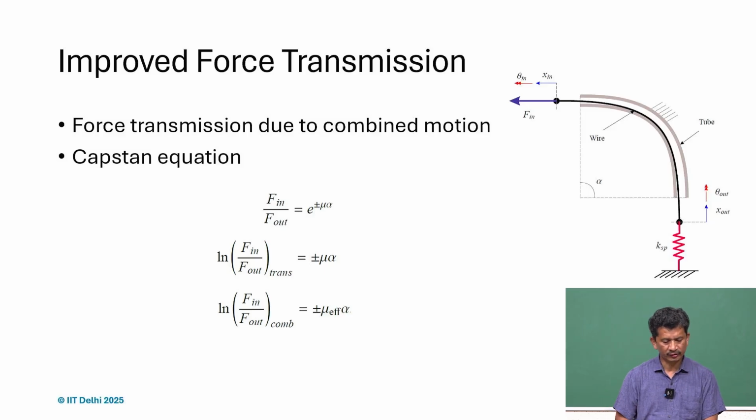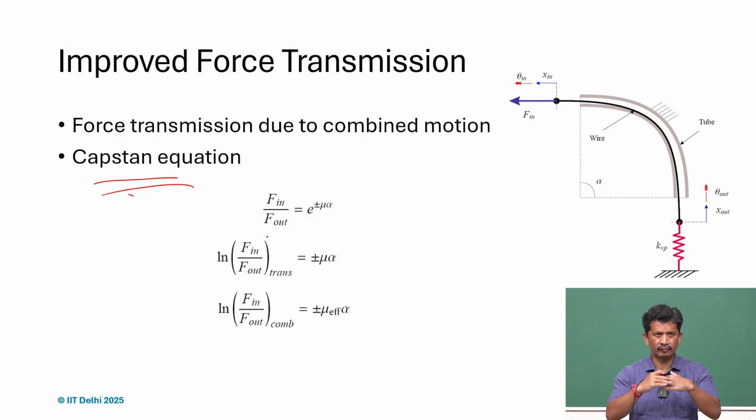What we try to do is define some parameter and find some relationship so that we can easily represent it. If you look at the Capstan equation, these are the forces on the slack end and the tension end, when it's passing through an edge, or a wedge having an angle alpha. This can be considered very similar. It's making an angle alpha, and mu is the coefficient of friction.